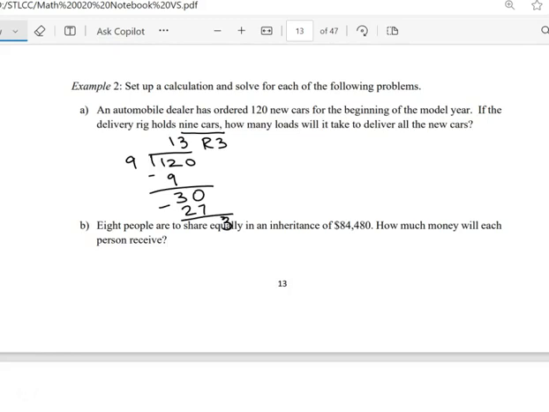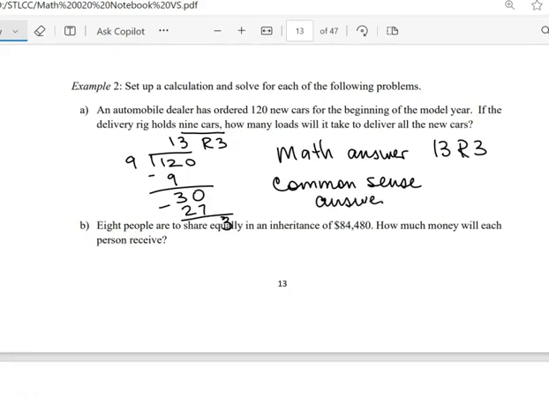So even though the math answer is 13 remainder 3, the common sense answer, which is the right answer, is 14, because you know that you're not going to bring 120 cars if you only send 13 trucks.